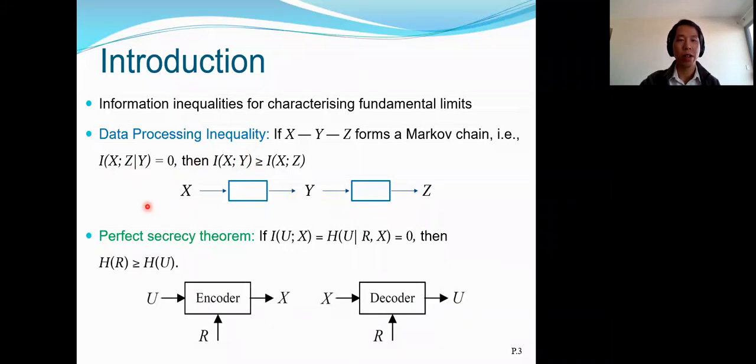We say that the mutual information between X and Z given Y is equal to 0. Under this constraint, we can prove that I(X;Y) is larger than or equal to I(X;Z).